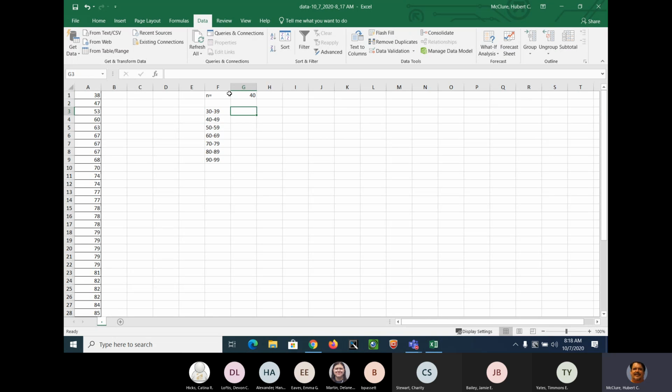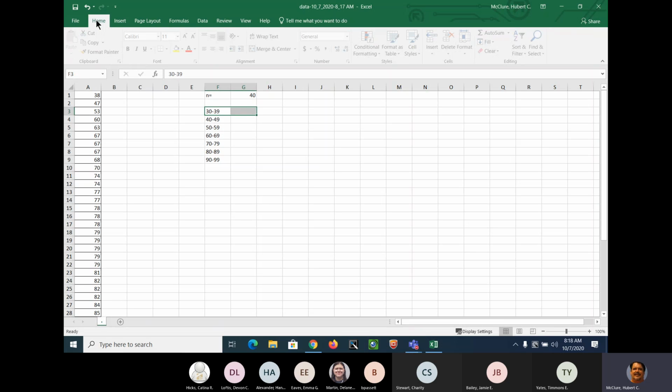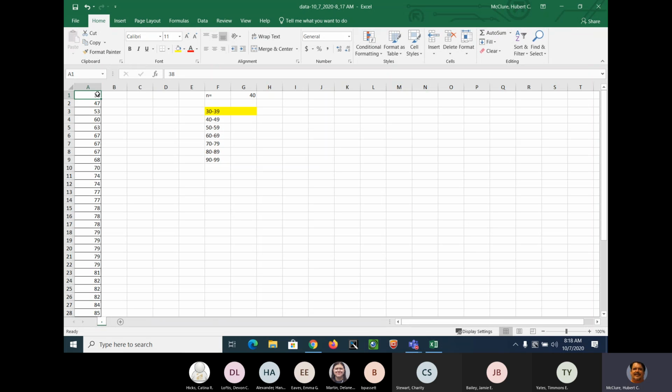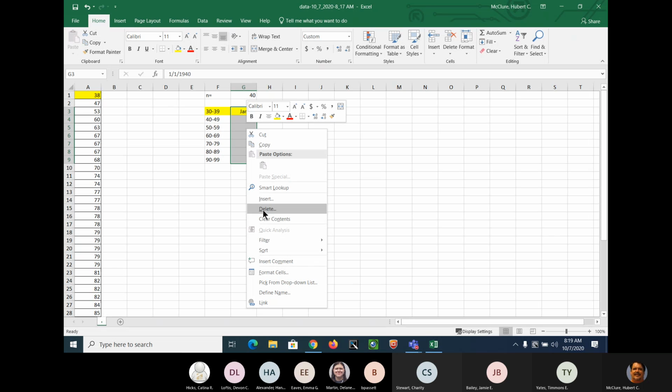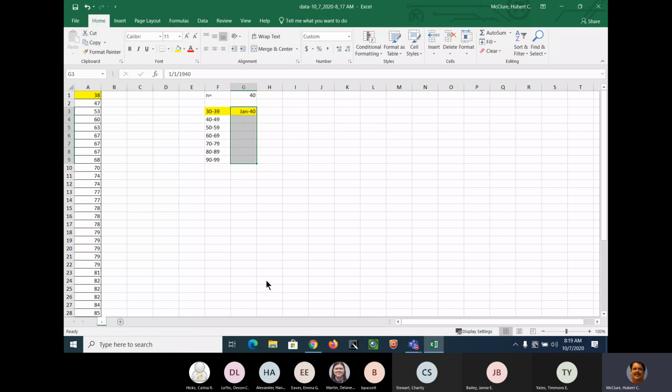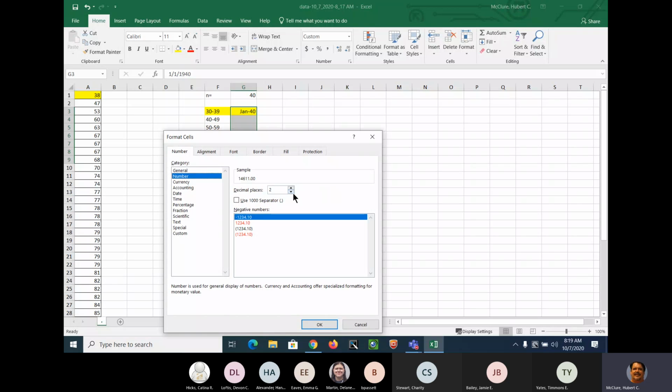So 30 to 39, we'll color that yellow. And that's that one right there. So that's going to be 1 divided by 40. Just give me a second. Sometimes you do this and everything's fine. Other times you do it and it gives you something weird.